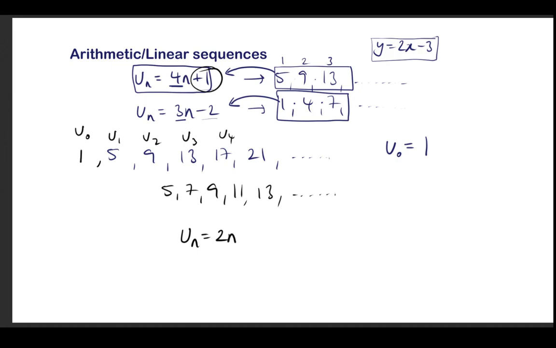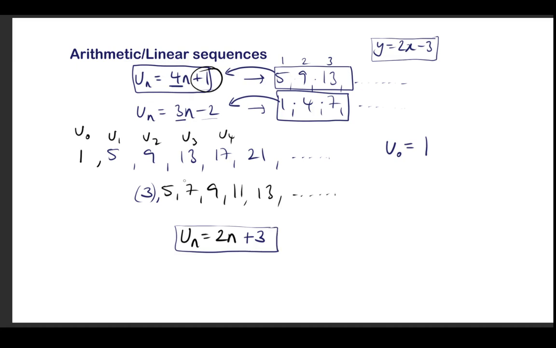And if we use this trick of looking for the term before the first one, what's the number before the 5 if you carry on this sequence? Well, it would be a 3, obviously. So our formula must be 2n plus 3. And you can see it works.